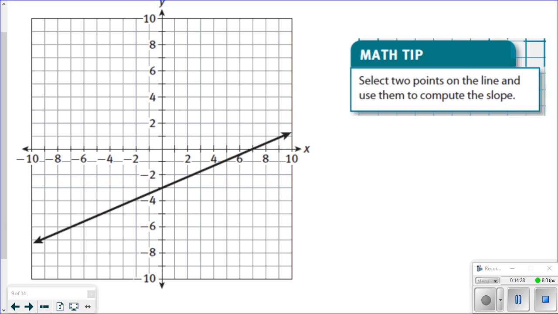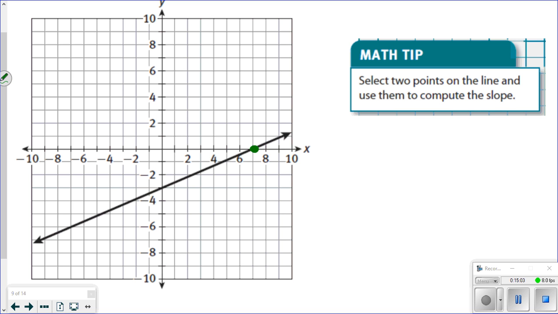So go ahead and plot points on this line. I see 3 different ones. I see this point right here, which is over 7, up 0.